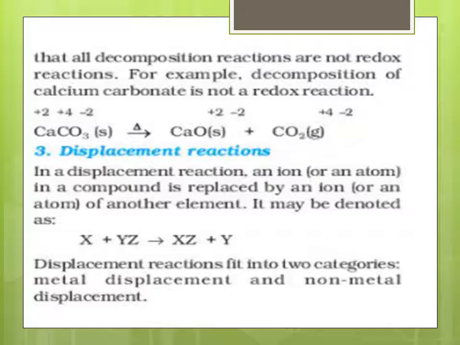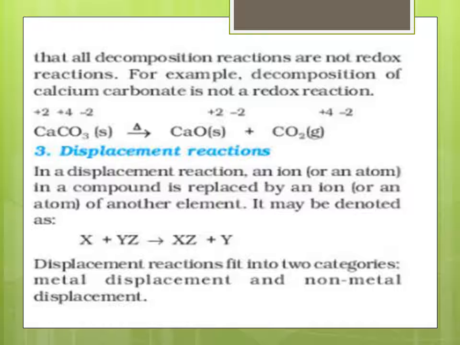All decomposition reactions are not redox reactions. For example, CaCO3 decomposes as CaO and CO2. Here, it's not a redox reaction. How? For a redox reaction, it is compulsory to show that both oxidation and reduction are taking place together. Taking the case of calcium, Ca was in plus 2 state and is again in plus 2 state.